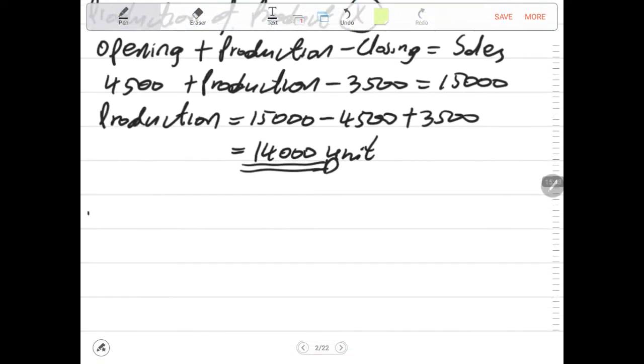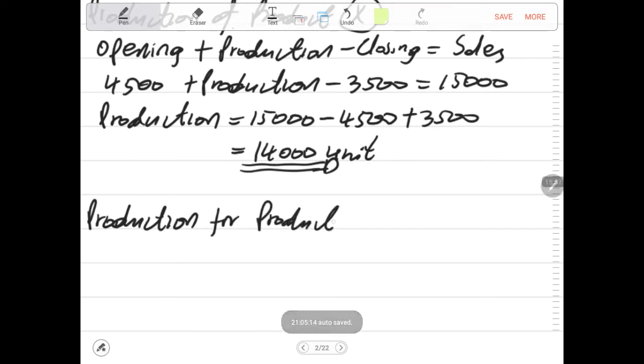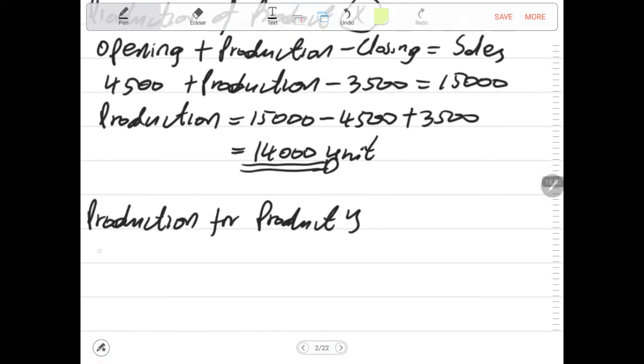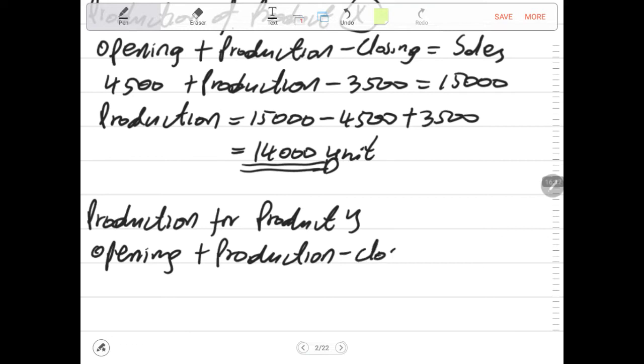Then now we're calculating production, meaning the units that were produced for product Y. For product Y, we use the same strategy where we say opening plus production minus closing is equal to sales.